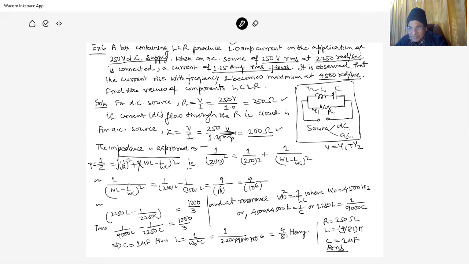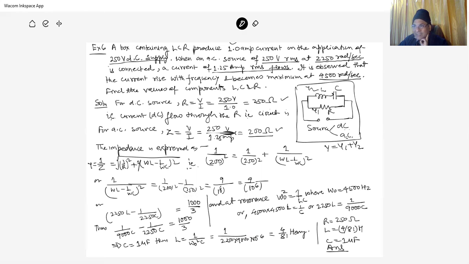So we get omega is 2250 radian, 2250 L minus 1 upon 2250 C is 1000 by 3. So what we find? We find that 9000 C minus 1 upon 2250 C. Why is it 9000?